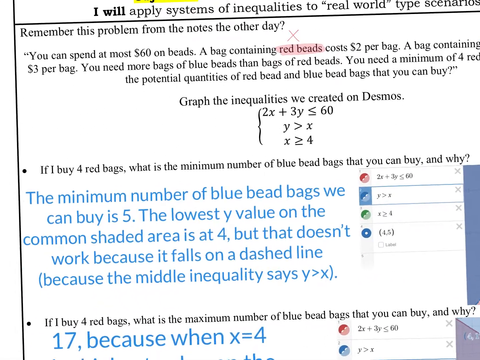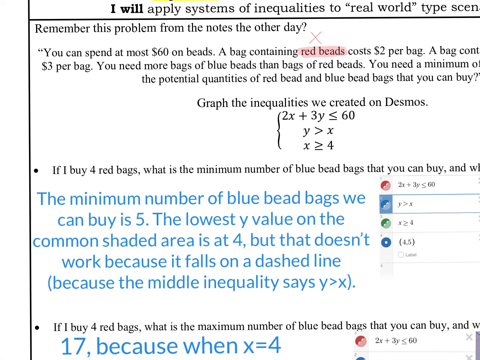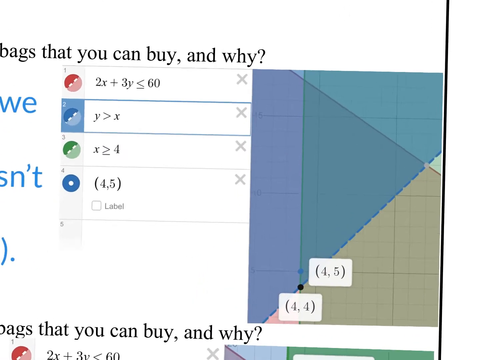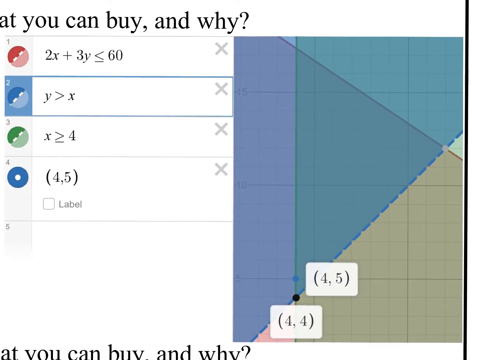To answer my first question: if I buy 4 red bags, what's the minimum number of blue bead bags that you can buy and why? I wrote, the minimum number of blue bead bags we can buy is 5, and here's why. Looking at this graph, we have the three vertices of our triangle, here, here, and here.